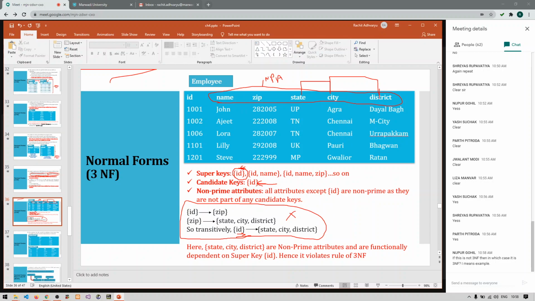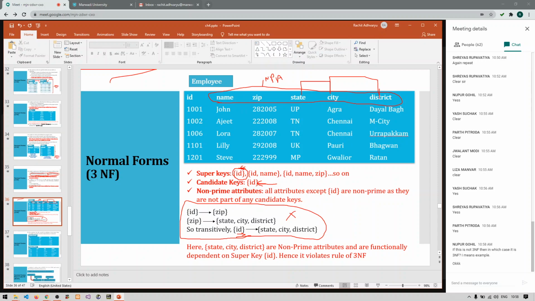Nupur, once we solve this part, when we give the final output of this table after splitting it into two or more tables, then we can say that the table is in 3NF. So just wait for that time. I'll give you the example in the next part.